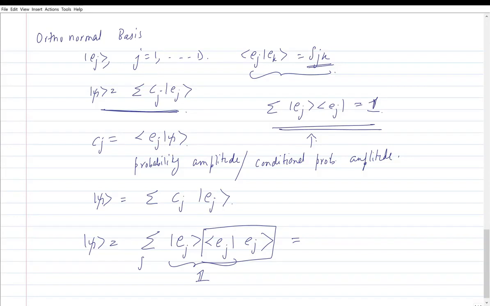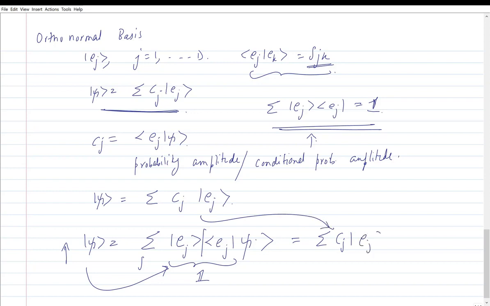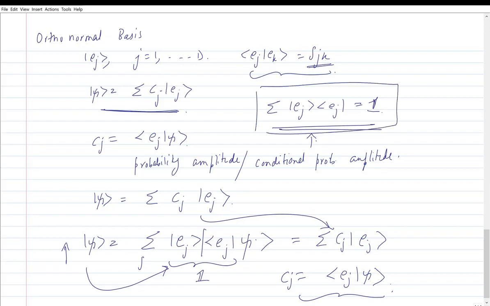I'm just stacking up the identity operator over here on the psi, and now I can compare this with the coefficient to get each of the Cj, as what I had demonstrated earlier. So the bottom line is this is a pretty useful identity. You tack it on anywhere and the answers pop out a lot of times.